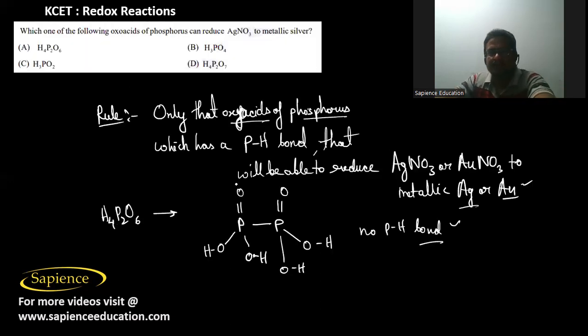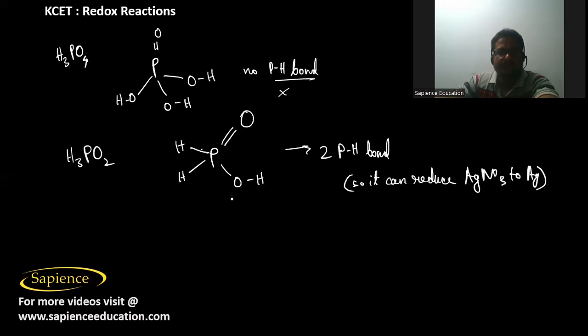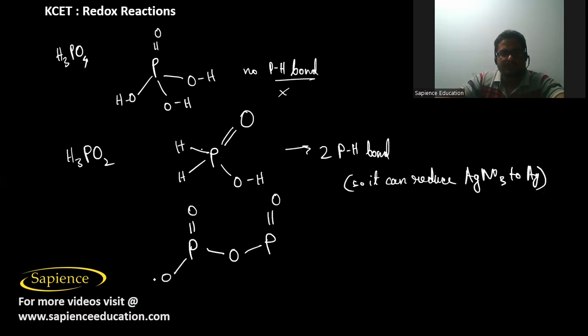Then we have H4P2O7. So the H4P2O7 structure is like this. So here we have 1, 2, 3, 4, 5, 6, 7.